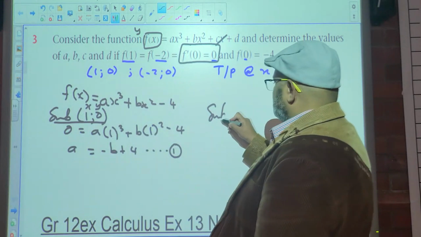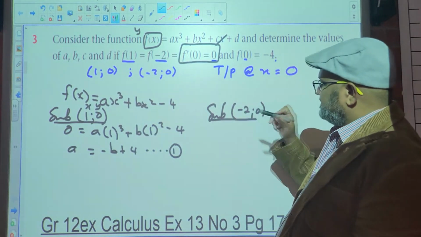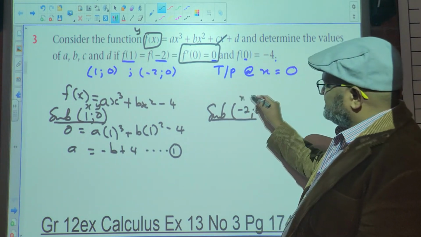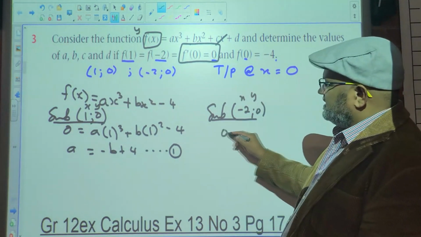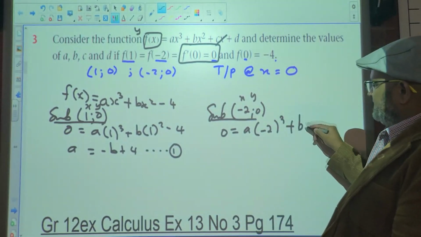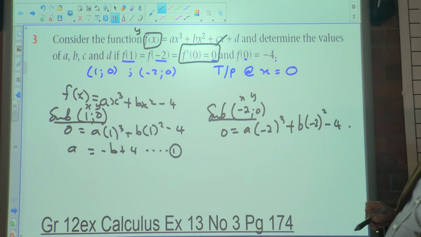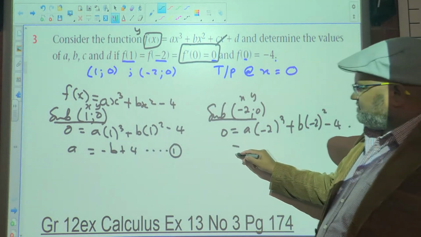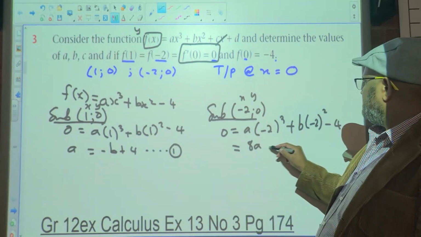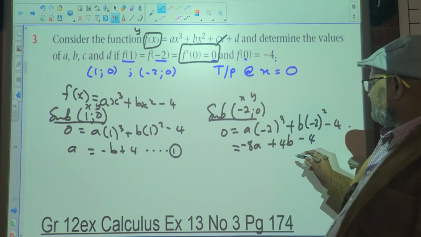Now we will substitute the other point, which is negative 2 and 0. Okay, so that's an x and a y. So 0 is equal to a times negative 2 cubed plus b times negative 2 squared minus 4. So of course this is going to be negative 8a plus 4b minus 4.